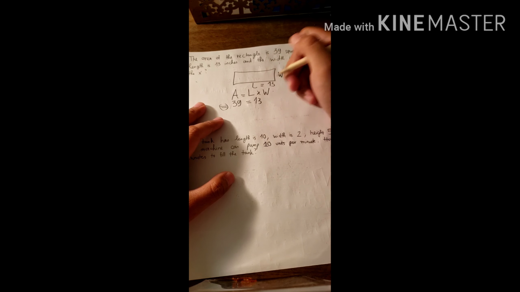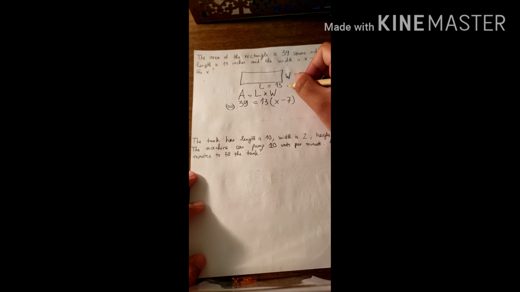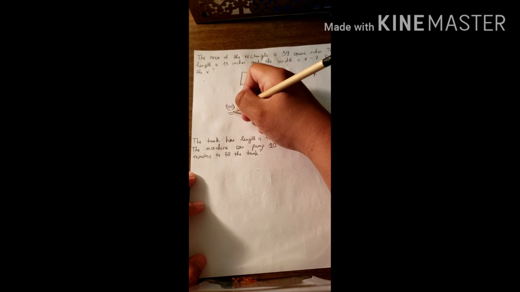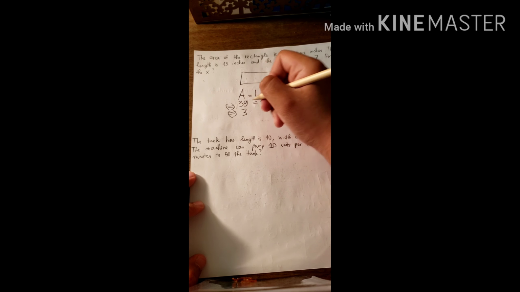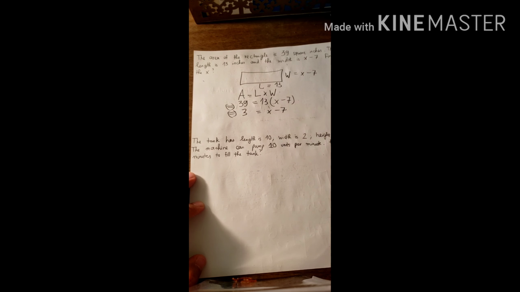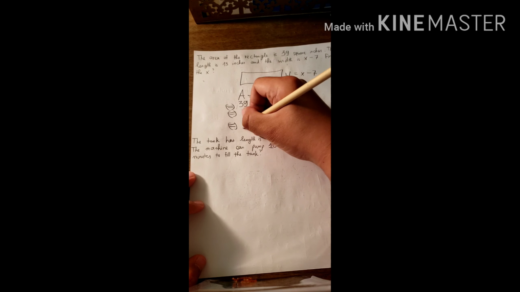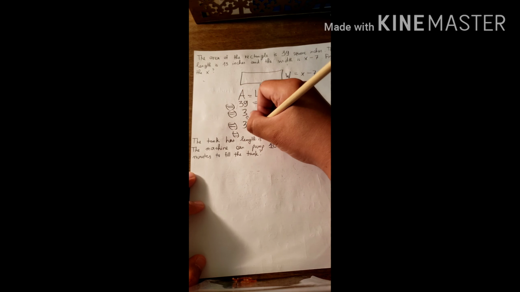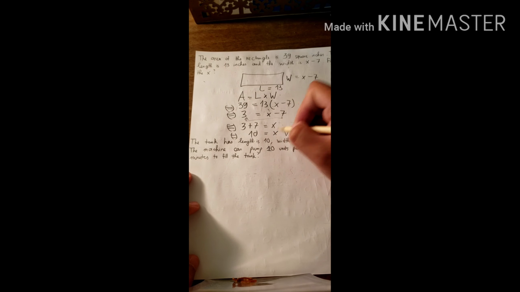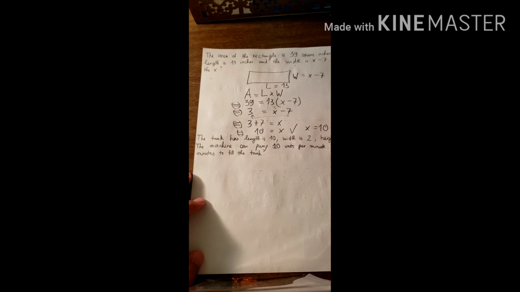The length is 13 and the width is s minus 7. The area is the length multiplied by the width. So in here we can put the equation: 39 equals 13 times s minus 7. We just simplify. First we divide both sides by 13, so we have 3 equals s minus 7, and later we move the minus 7 over there to plus 7, so that we have 3 plus 7 equal to s, and the final answer is 10 equals s. So that's the final answer in here, or we can write s equals 10.